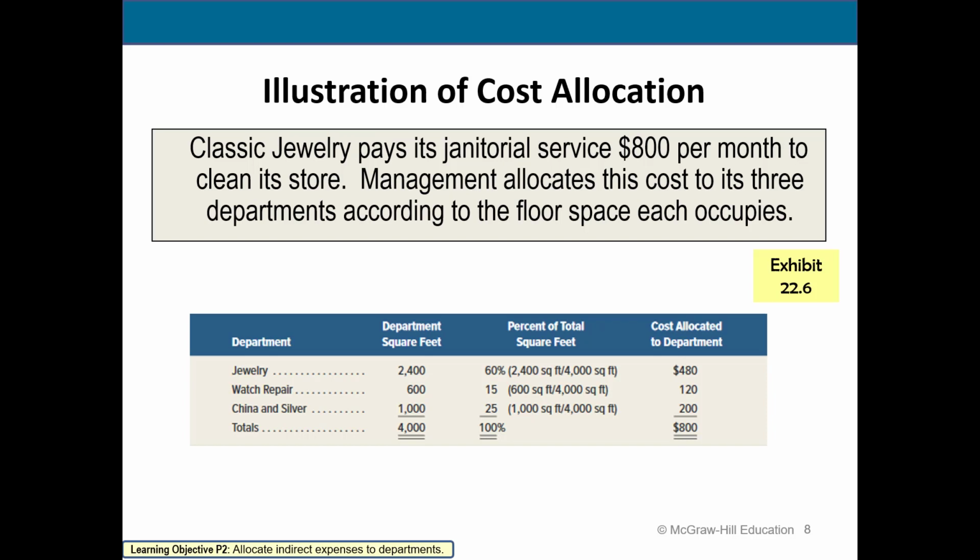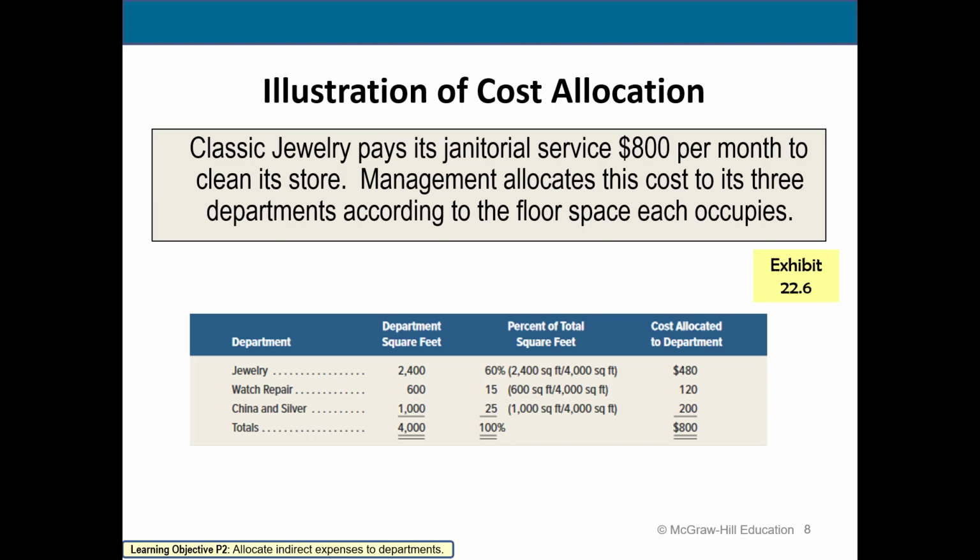Here we're looking at an example where an outside company cleans a retail store for a total cost of $800 a month. Management allocates this cost across the store's three departments based on the square footage in each department. The total cost to allocate is $800.